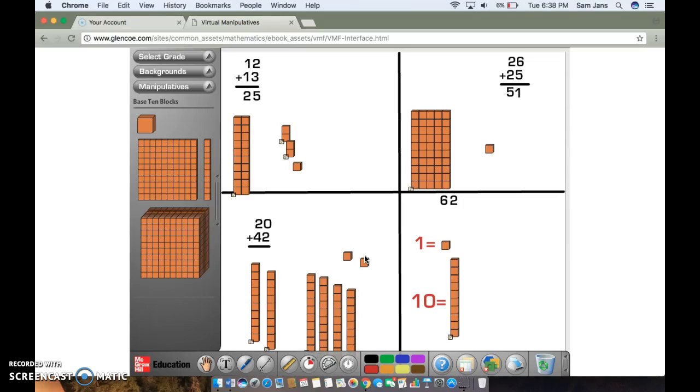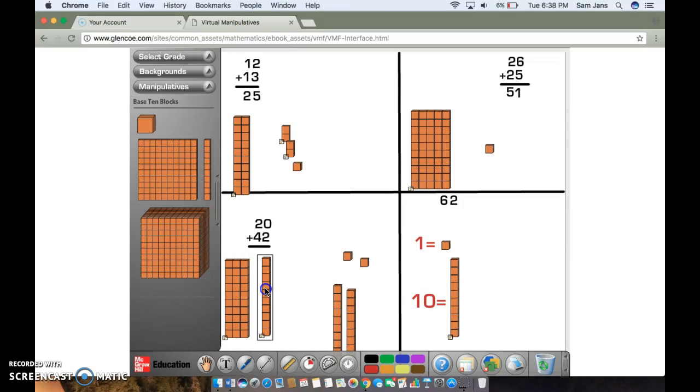Then just like we did in the other 2 problems, we're going to regroup them by their common size. We see that for this one, we are going to have a 6 in the 10's place value and a 2 in the 1's, to get an answer of 20 plus 42 is equal to 62.